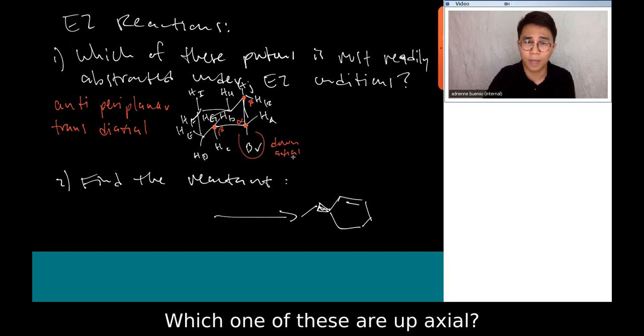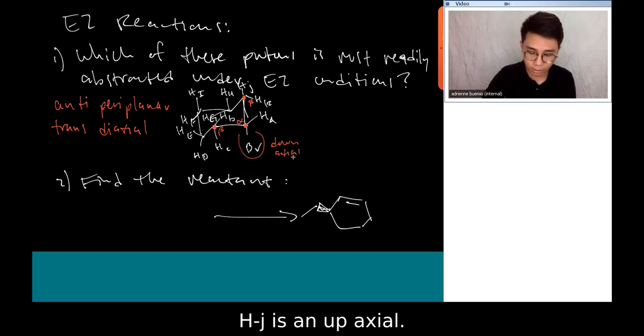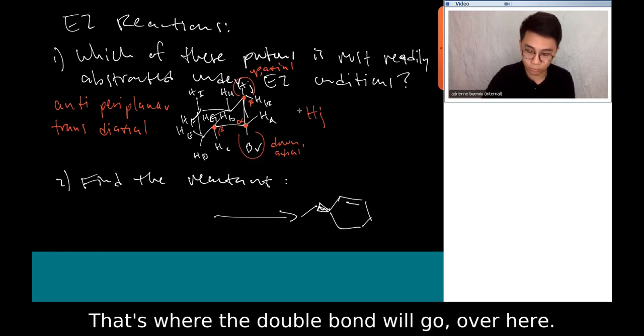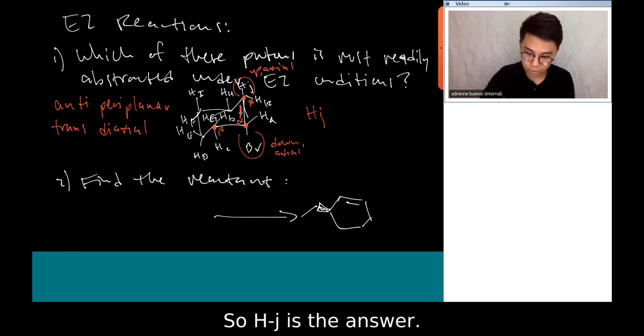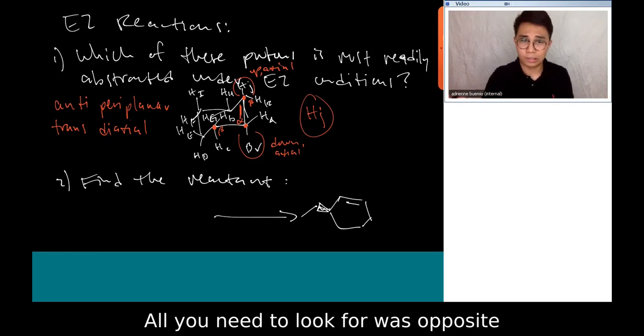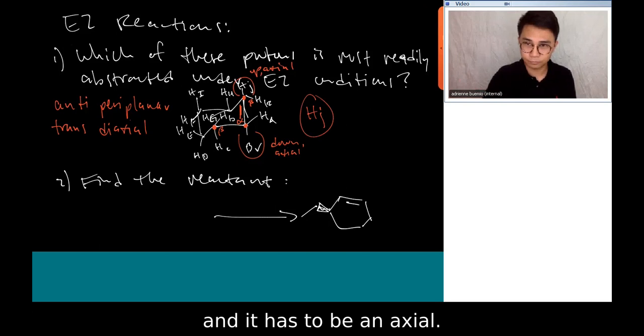Which one of these is up axial? HJ is an up axial. So your answer should have been HJ. That's where the double bond will go over here. Nothing too crazy. All you need to look for was opposite, and it has to be axial.